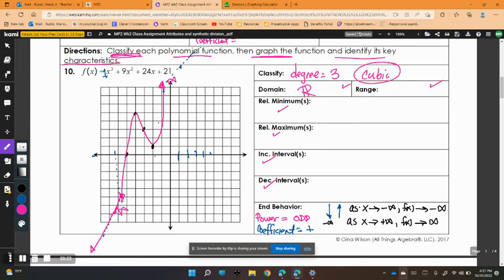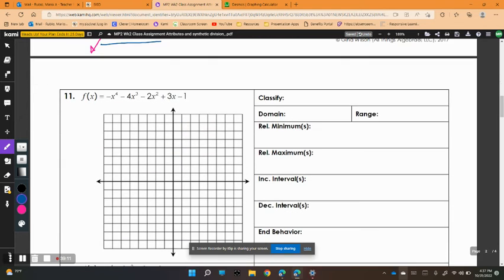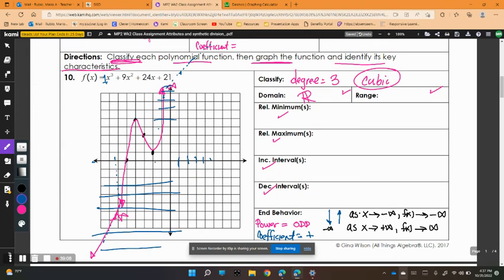And for the range, this graph will eventually intersect with any number y, all the way down to negative infinity and all the way to positive infinity, so the range will be all real numbers. Okay, let me erase some of these.